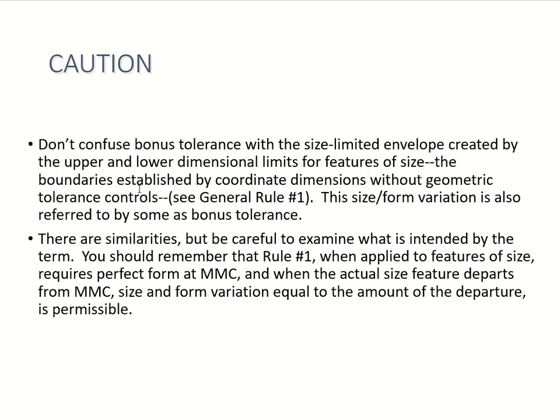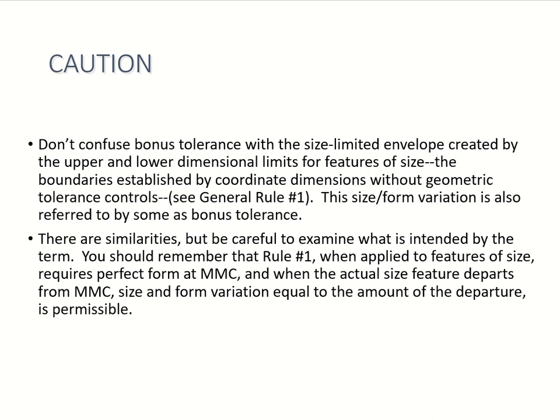Make sure you don't get confused when you think about your bonus tolerance with your envelope rule, your rule number 1, regular tolerance, because there are 2 different things, so do not confuse them. Rule 1, I call it regular because it has its own tolerance, and it also has its own MMC with that tolerance and the feature control frame, and we're referring to your perfect form, not the changes or variations or extension.